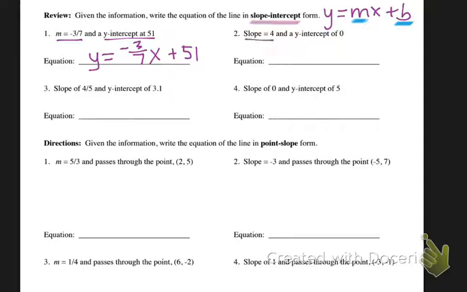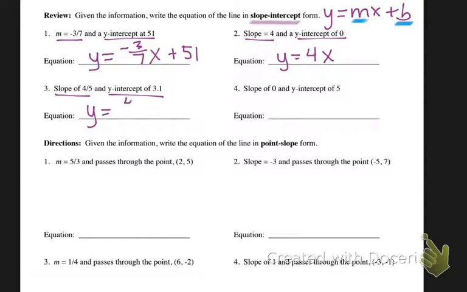Number 2, we have the slope and the y-intercept. So y equals 4x plus 0. We don't usually write plus 0, so you don't have to. You can just leave it as y equals 4x. Number 3, we have the slope and the y-intercept.